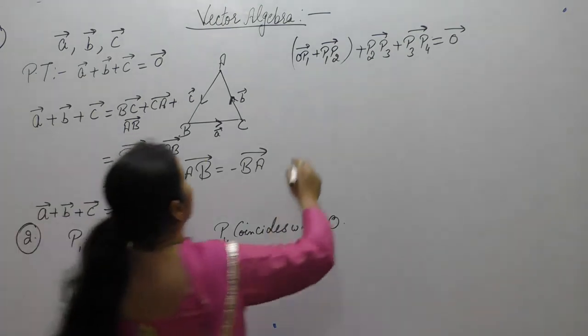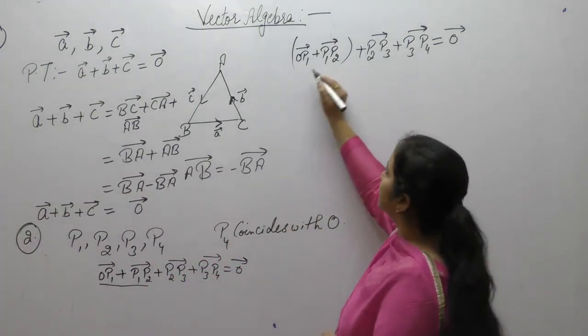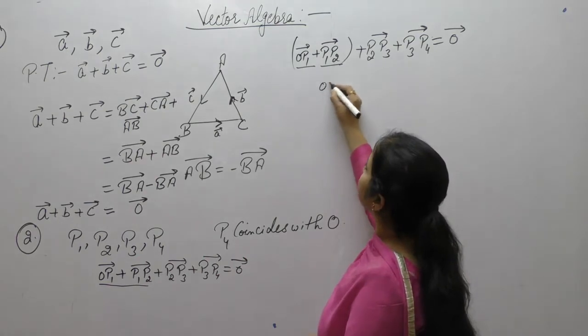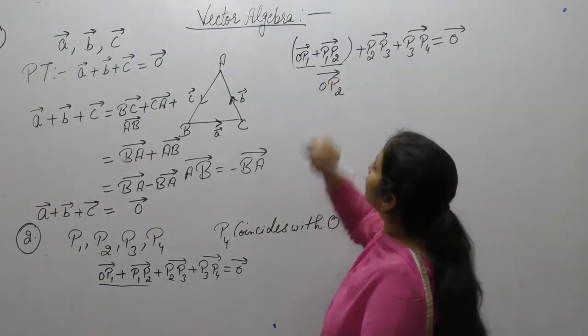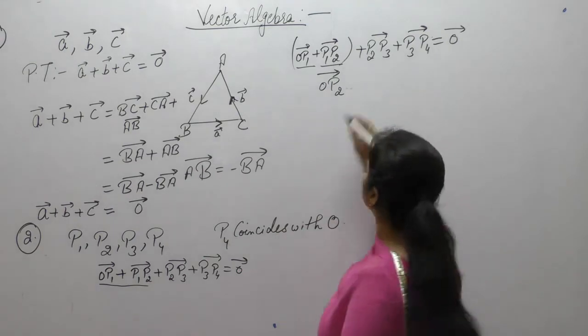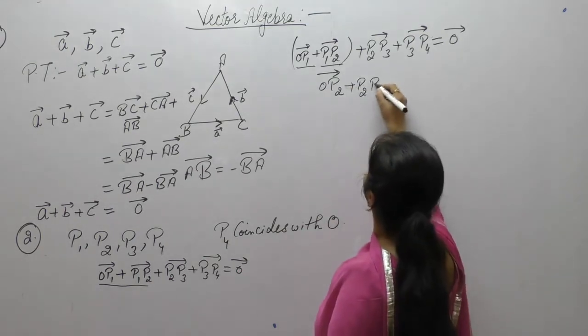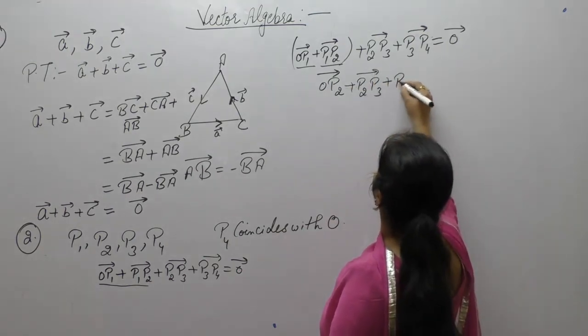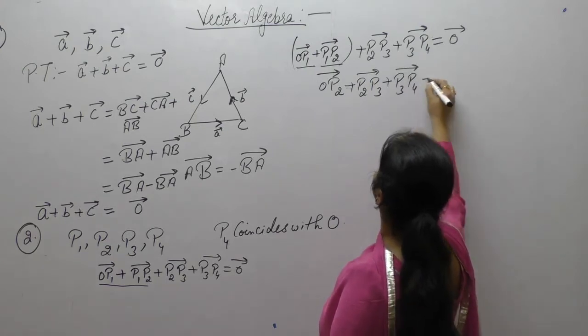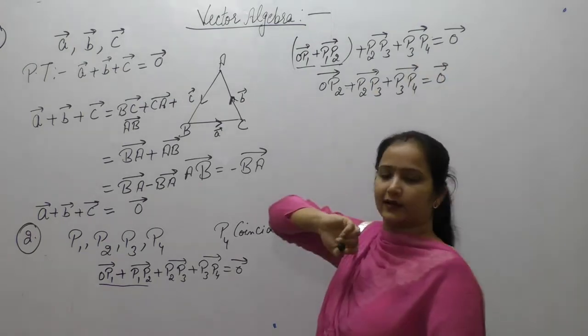Now by triangle law of vector addition, OP1 plus P1P2 is equal to OP2, so OP2 plus P2P3 vector plus P3P4 vector is equal to 0 vector.